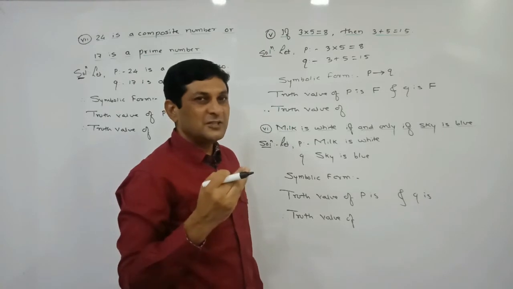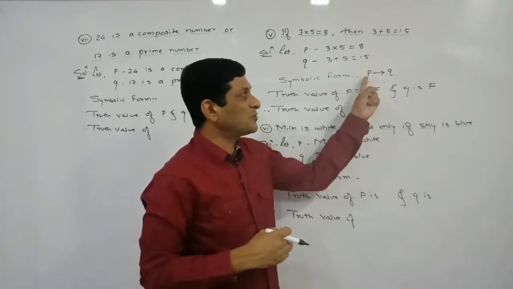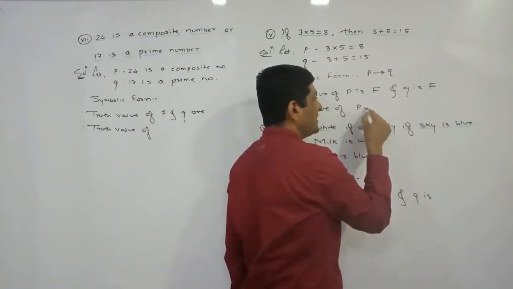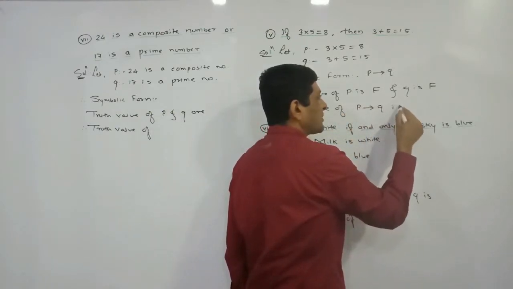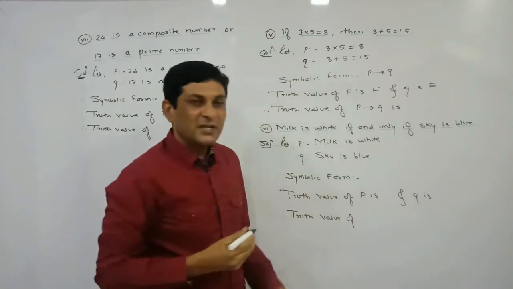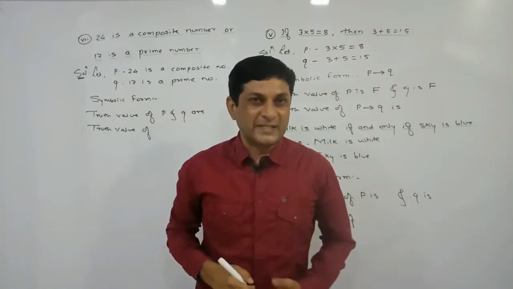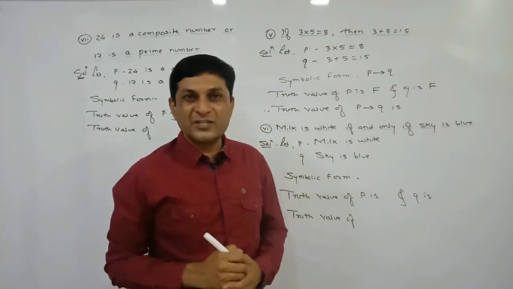Using this we find the truth value of P implies Q. We have already discussed the truth value of P implies Q in different possibilities when we constructed its truth table.